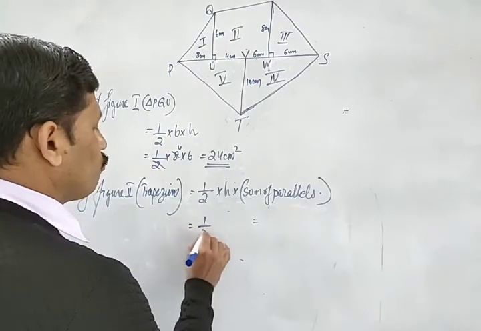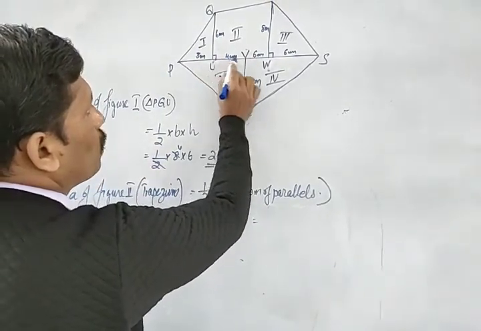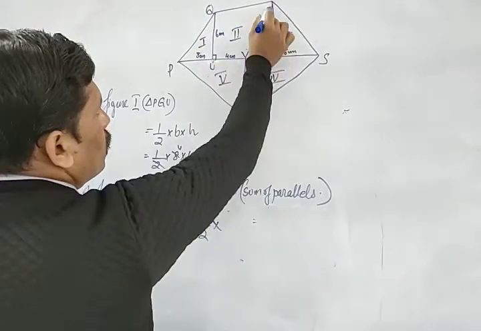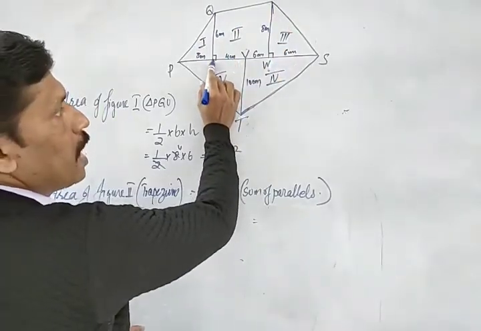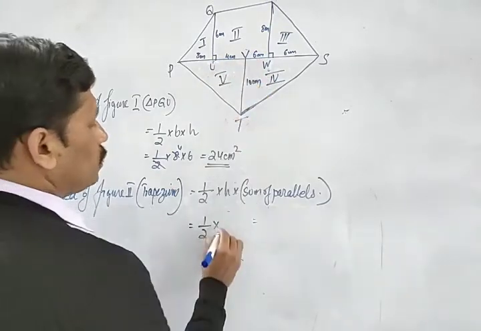That is half into height, this distance we take as height. The trapezium is from here to here, so its height is U to W, that means 4 plus 6, that is 10.